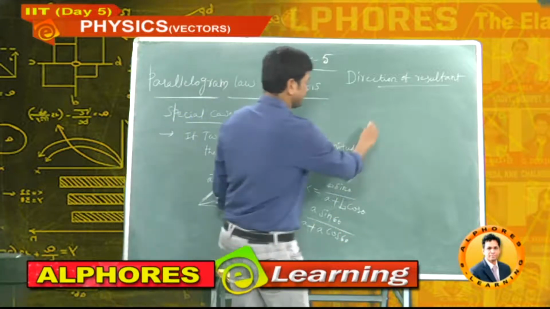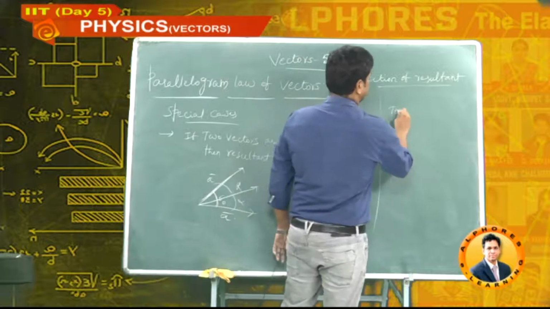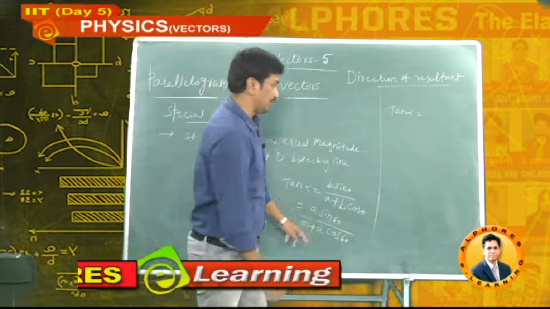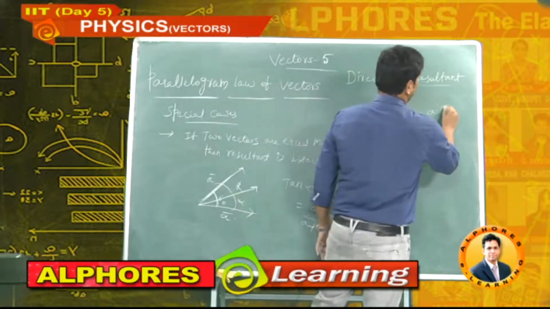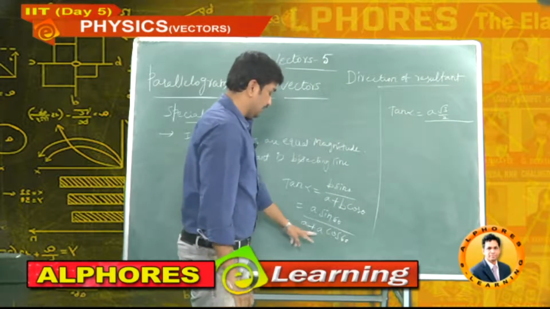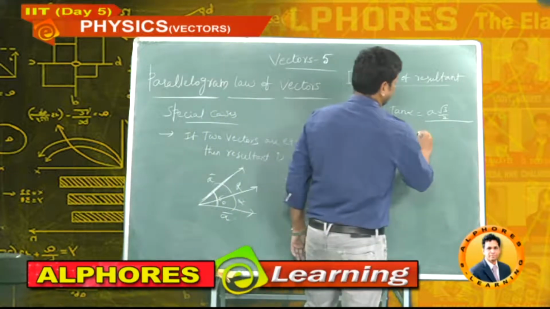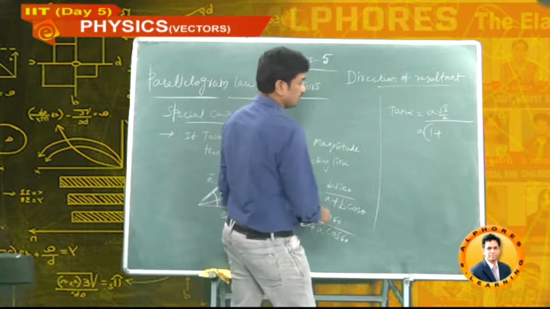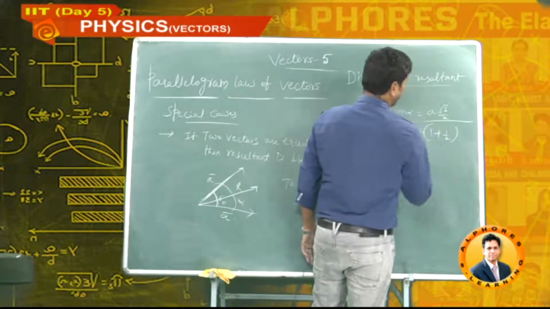Now, here just a simplification of the given question: sin 60 is root 3 by 2, A into root 3 by 2. Denominator, here A common, 1 plus cos 60. What is the value of cos 60? 1 by 2.